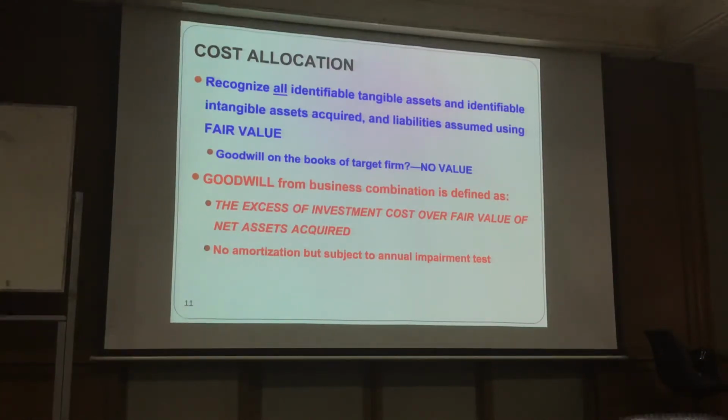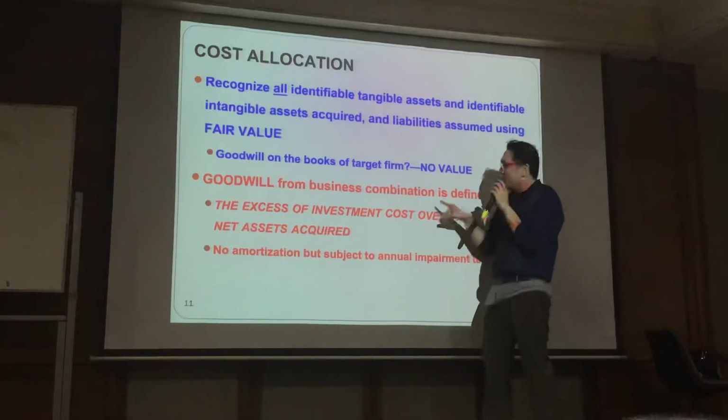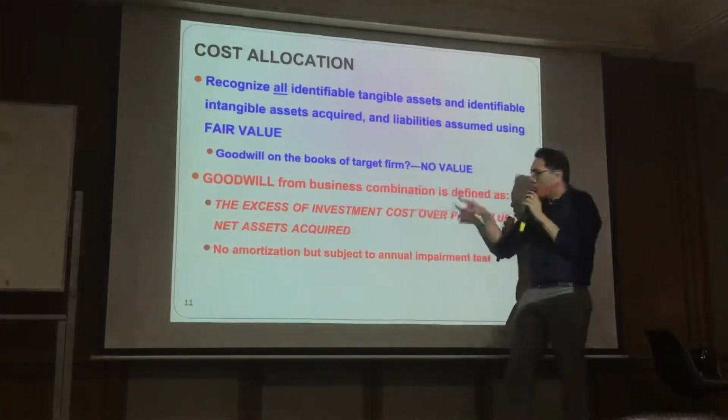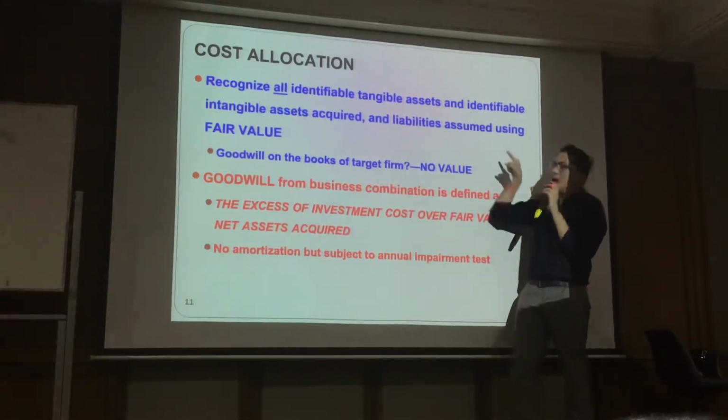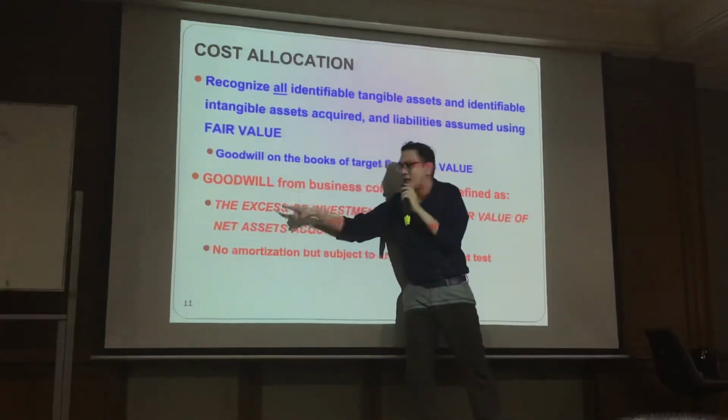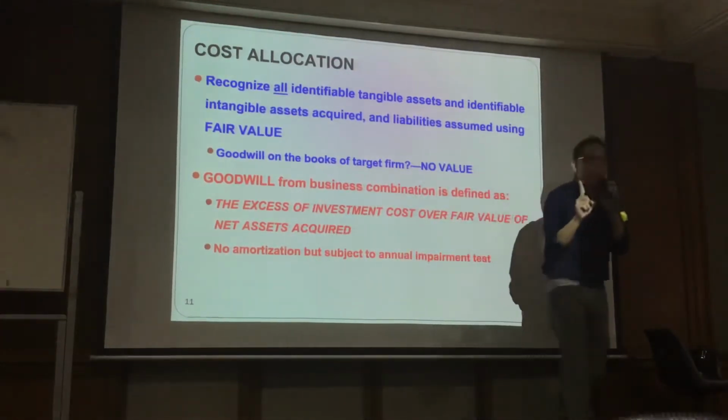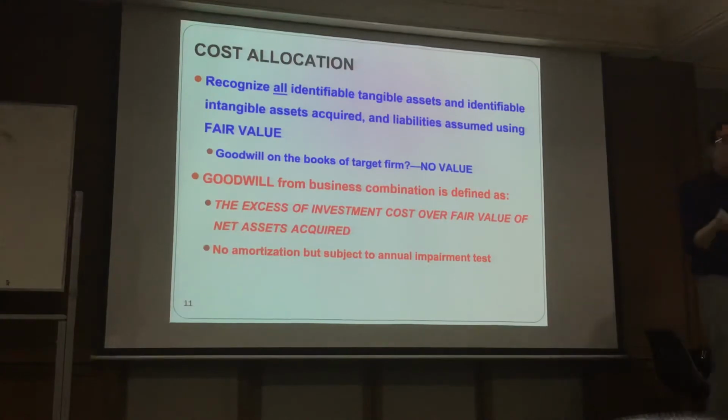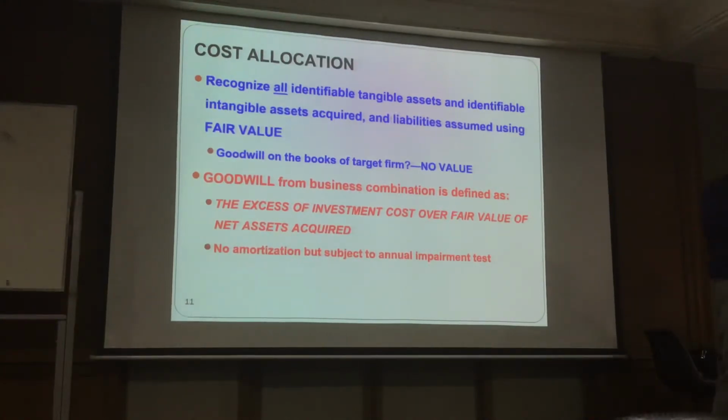So the goodwill, just like I showed you before, is the difference between the investment cost and the fair value that you acquire. I want to emphasize here: investment over the fair value of net assets. Not just assets, net assets. Net assets are assets subtracted by liabilities.